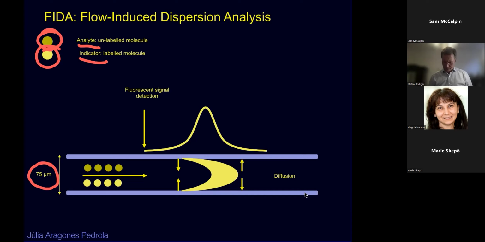When you shoot something through a capillary, you get a parabolic profile, because the protein would be held back on the sides of the capillary.